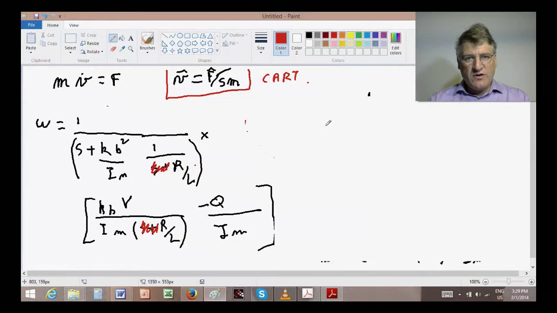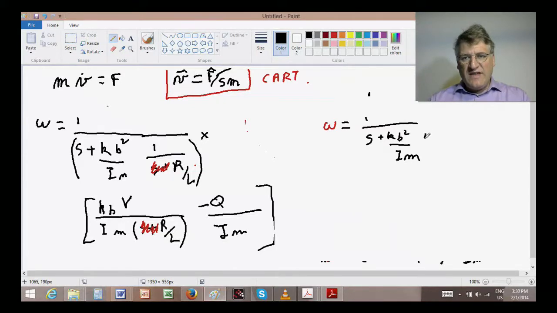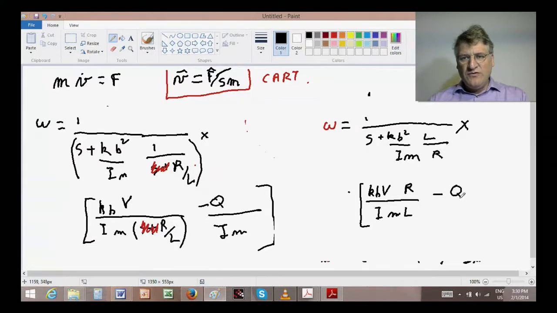The expression becomes omega must be equal to 1 over S plus KB squared over IM times L over R, multiplied by KB V divided by IM L times R, minus Q over IM.